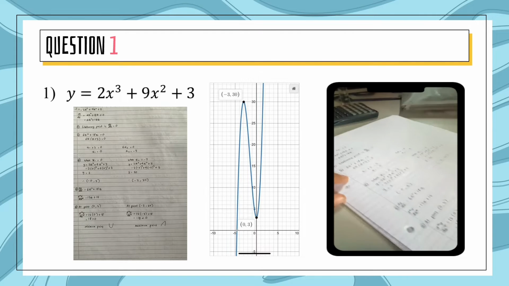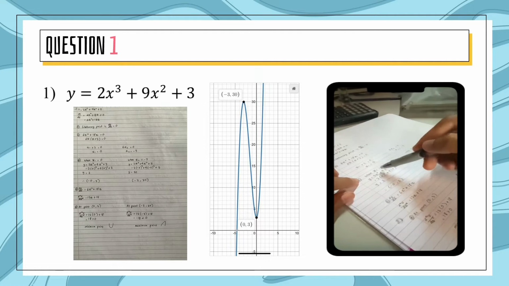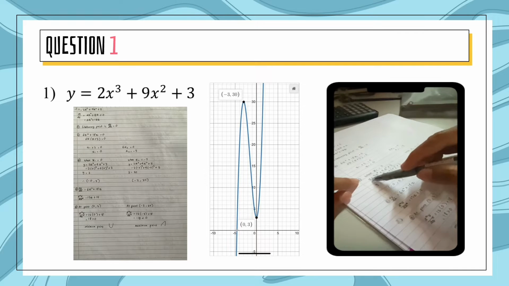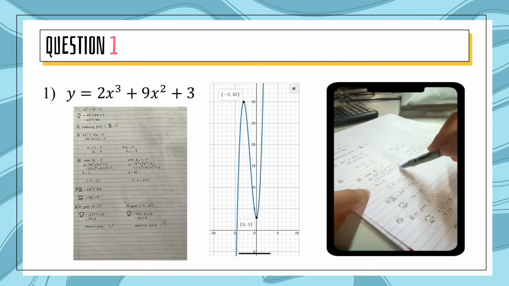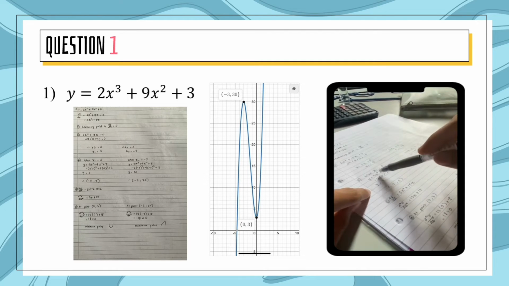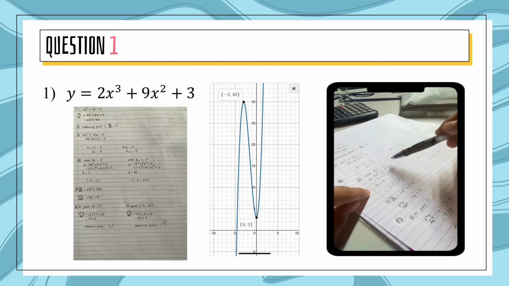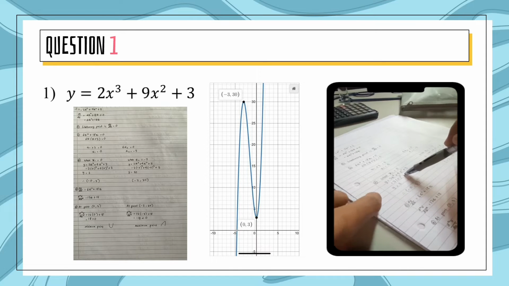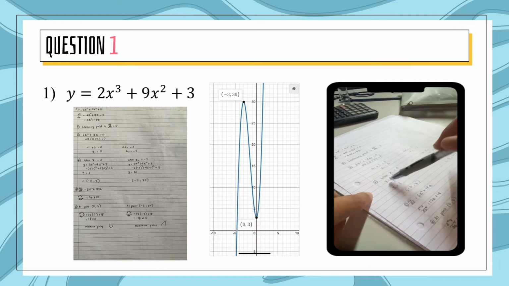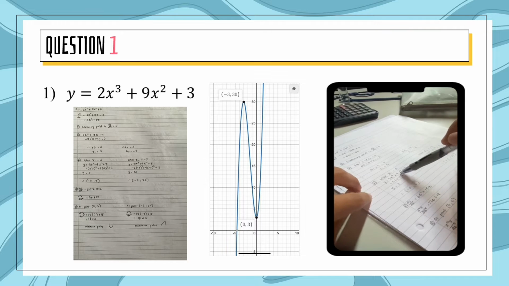And step 4, when x1 equals 0, we want to find the y value. So when x1 is 0, we need to write the question back like y equals 2x power of 3 plus 9x power of 2 plus 3.